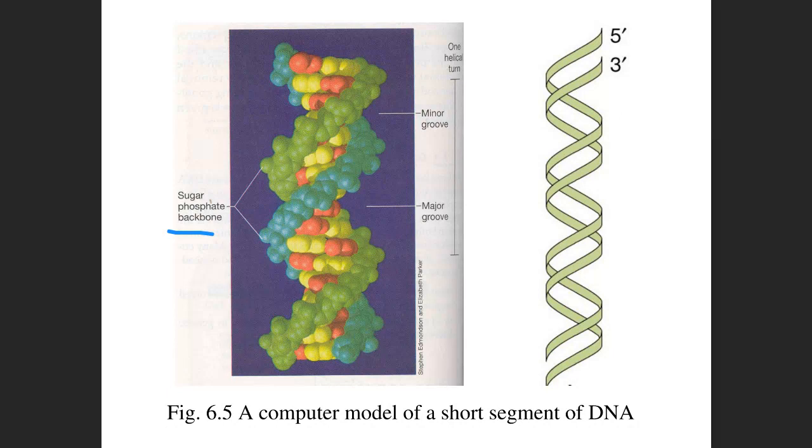And the ribbon format is really just only showing you the backbone. Okay. Now, you've seen this before. There are two things I wanted to point out on this particular slide that will become very important later on, which is this concept of major groove and minor groove. All right. And then the other is this 3 and 5 prime. Those are two sets of very important information.